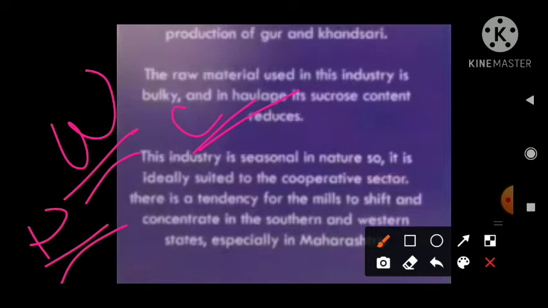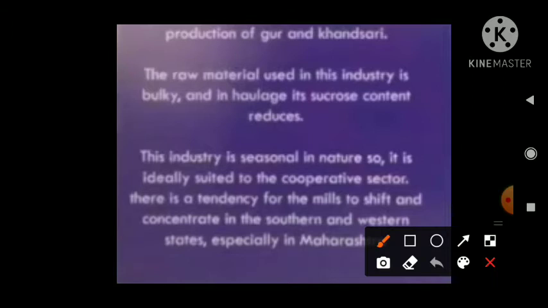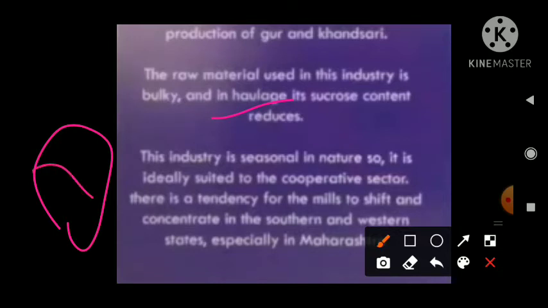So why is it a cooperative sector? Let's see. We know that haulage means the sucrose content reduces over time. So wherever sugarcane is produced, all the mills of sugar, gur, khandsari, jaggery are shifted nearby the land where sugarcane is produced, to decrease the haulage.